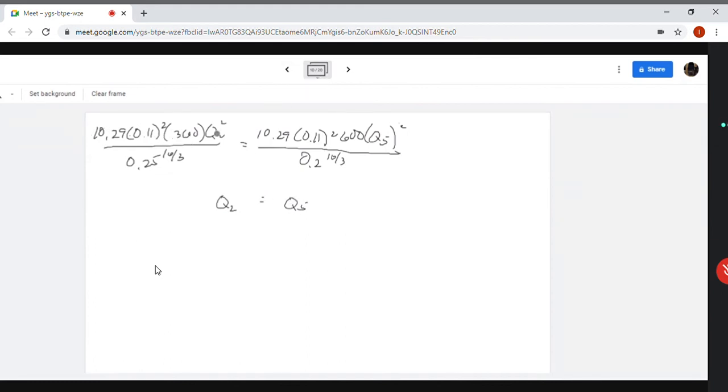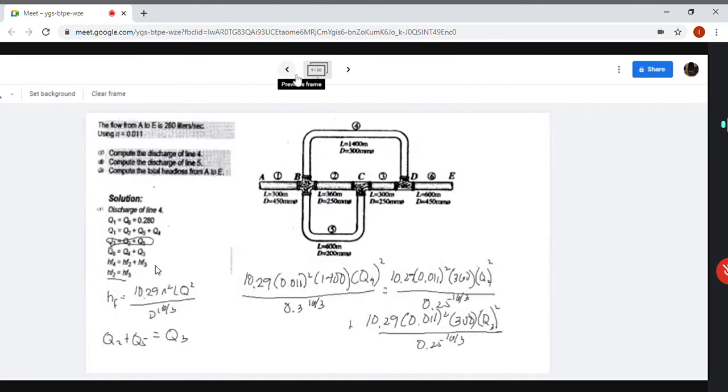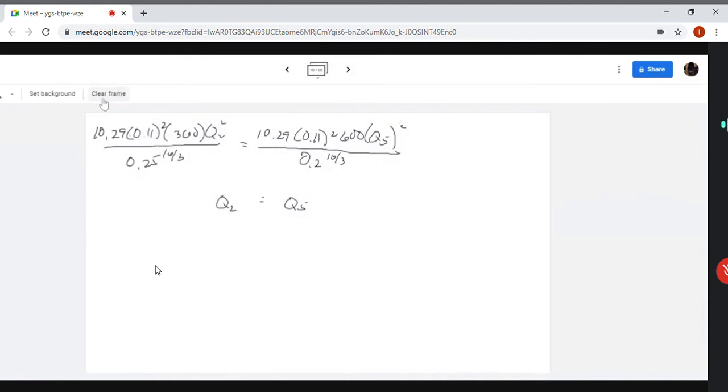So you divide this. So 10.29 times 0.011 squared times 360 over 0.25 to the 16 over 3 is 728.6 squared.